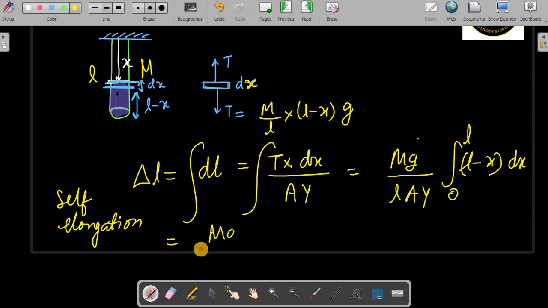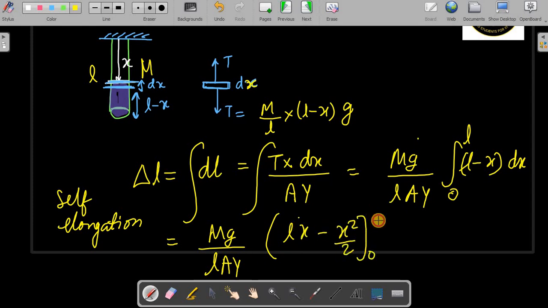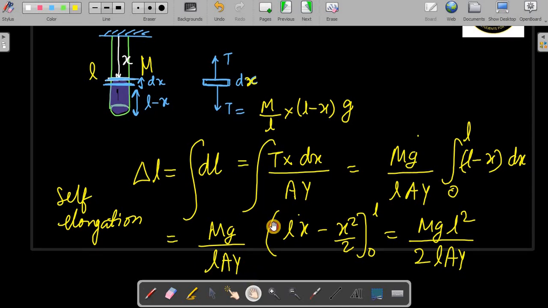So mg by LAY, integrate L into x minus x, that is x squared by 2, from 0 to L. Substitute. So mg L squared, a factor of 2 will come, 2LAY. That is what it is.